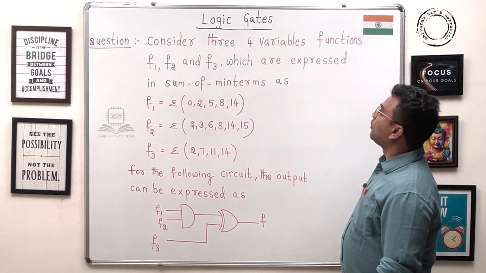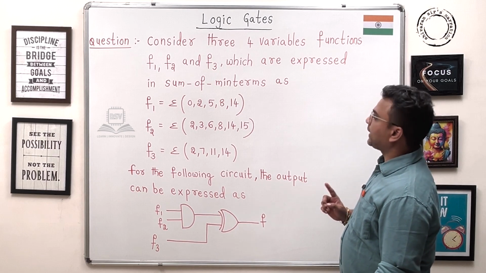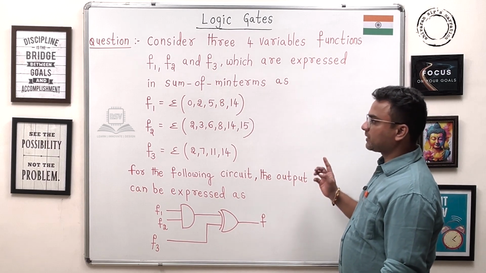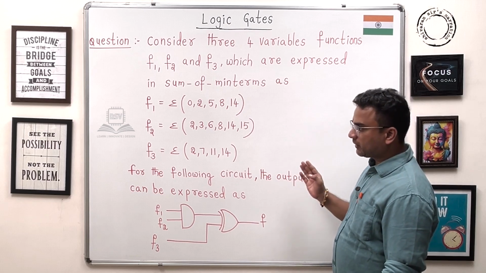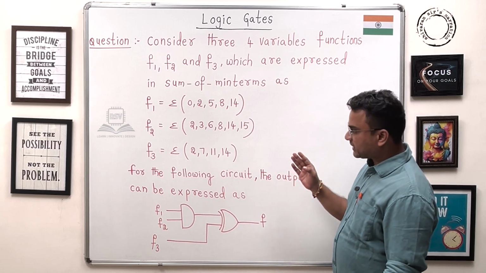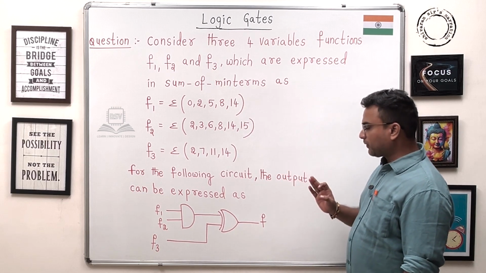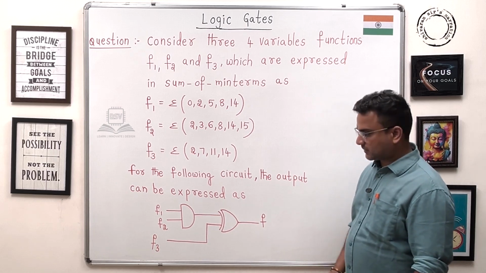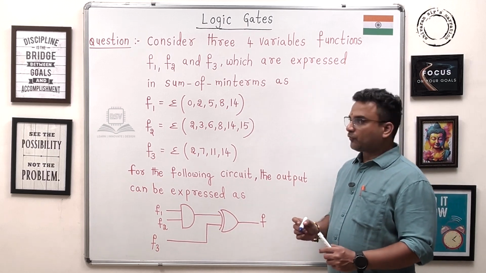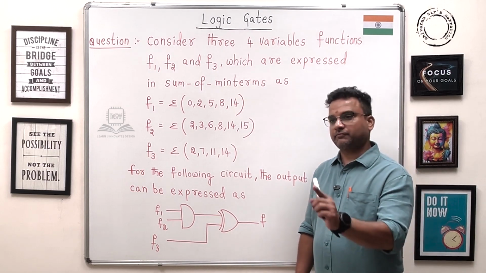Consider 4 variable functions f1, f2, f3 which are expressed in sum of minterms as f1 is equal to sigma of 0, 2, 5, 8, 14, f2 is sigma of 2, 3, 6, 8, 14, 15, and f3 is sigma of 2, 7, 11, 14. For the following circuit, the output can be expressed as this one, guys. For this, you need to know Venn diagrams.